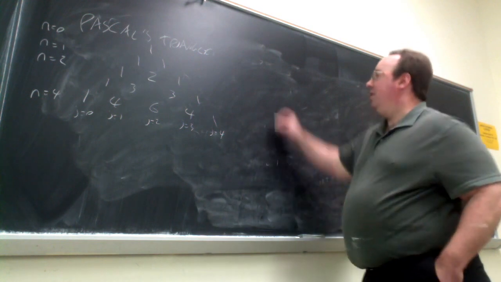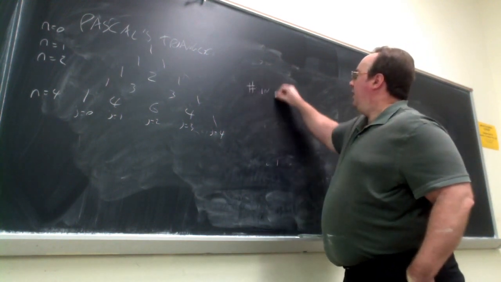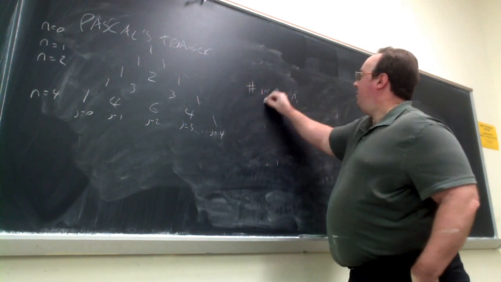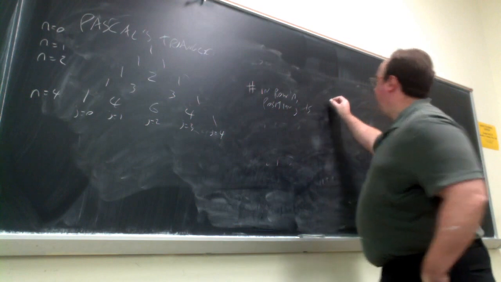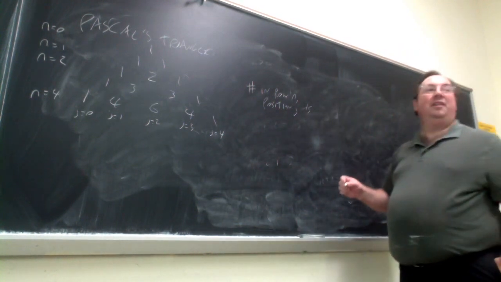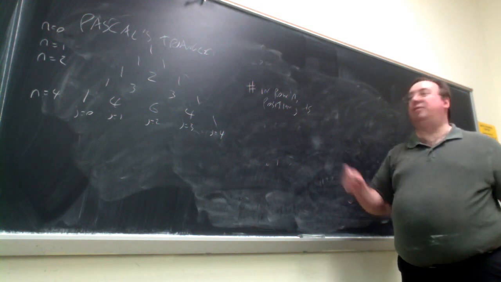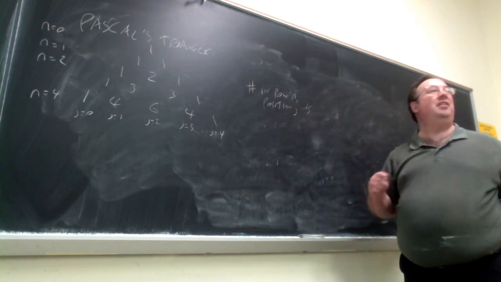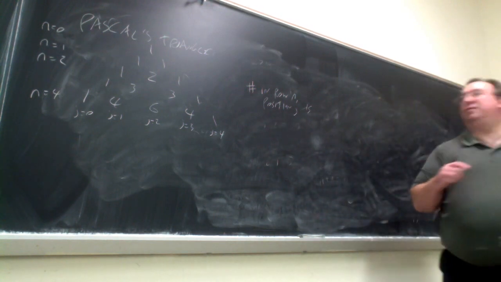across each row. So the number in row n, position j is, what are those called? Anyone know? Of a formula that gives you these numbers. They definitely come up in other classes, probability for one.